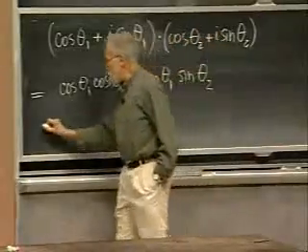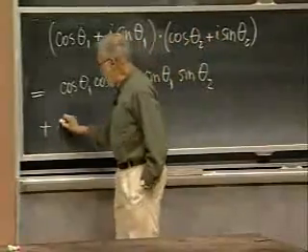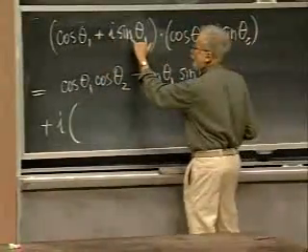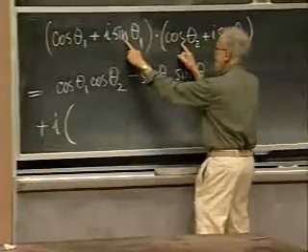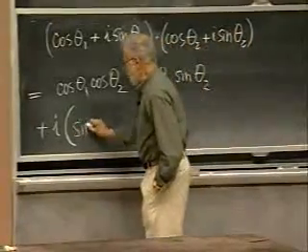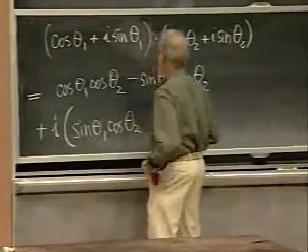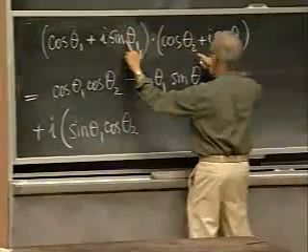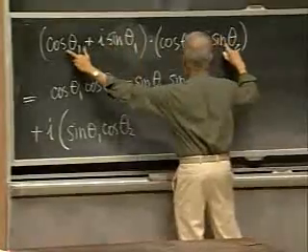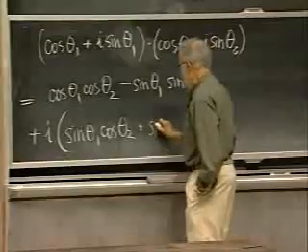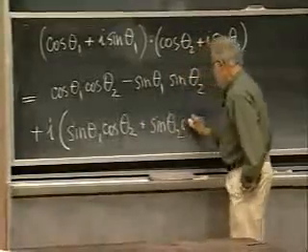And then the imaginary part, I'll factor out the I, and then what's left I won't have to keep repeating the I. So it will be sine theta 1 cosine theta 2 plus cosine theta 1 sine theta 2.